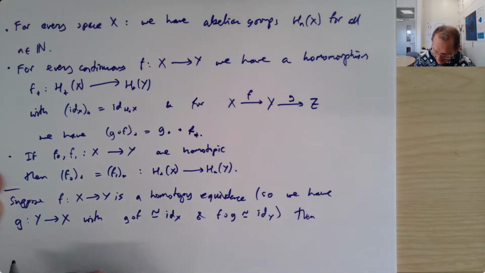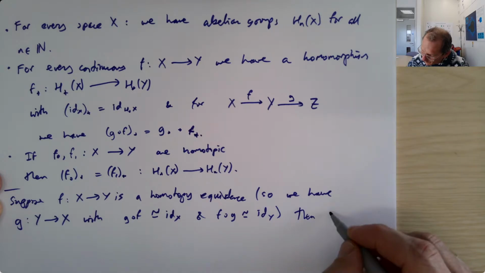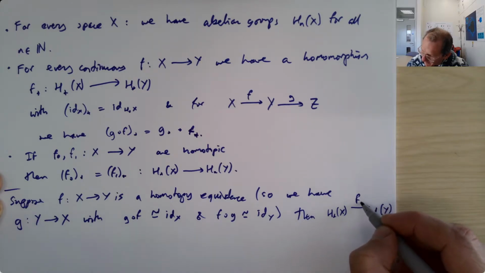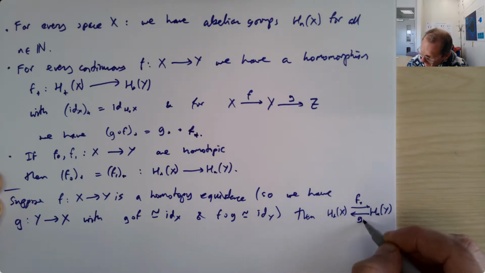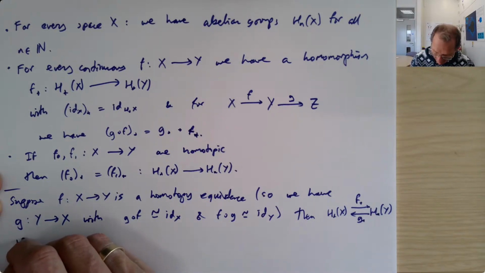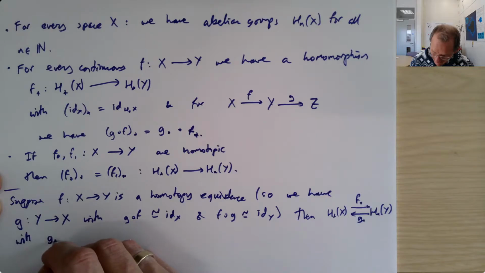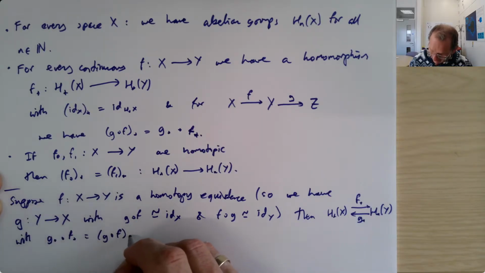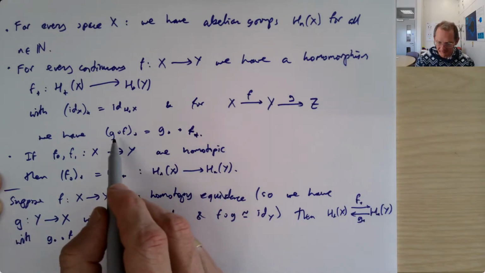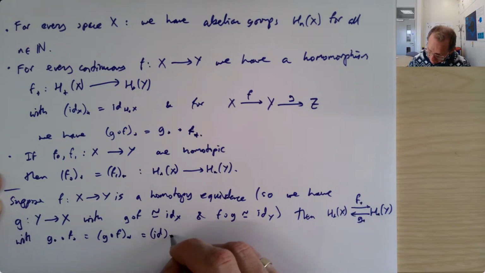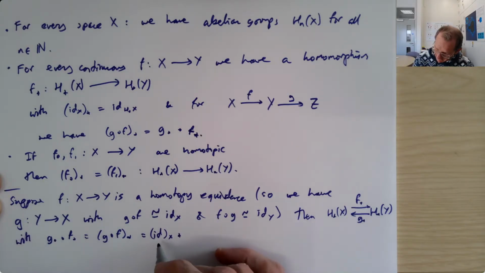Then we look at, firstly, we've got maps F star and G star between the homology groups, and G star composed with F star is the same as (G composed with F) star by functoriality.